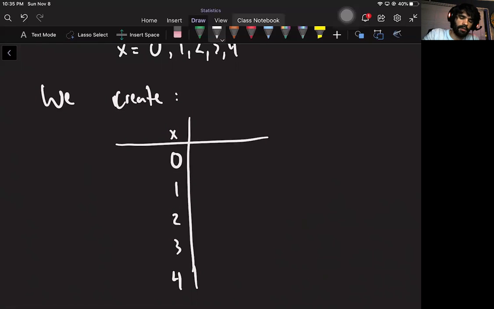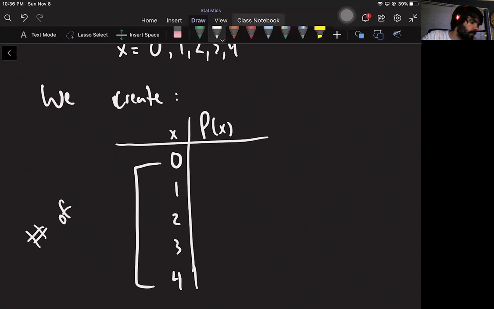And then next to each little x is the probability of that happening. So again, just to remind you, these numbers are not just randomly there. These represent the number of free throws in this example. Three free throws made in 4 tries.